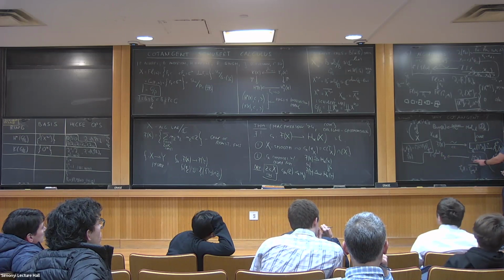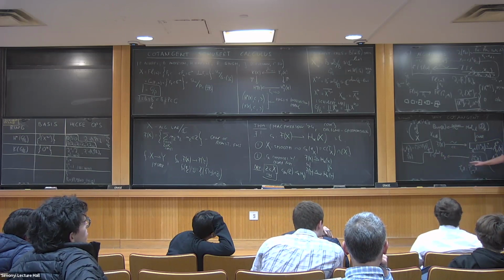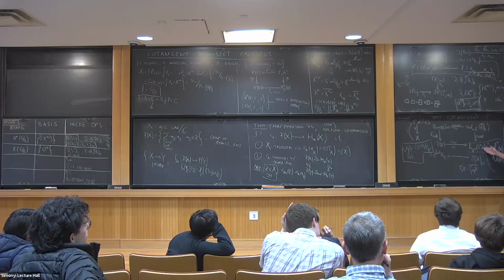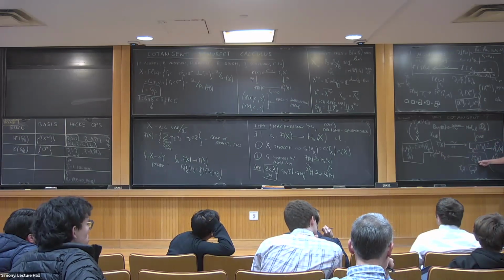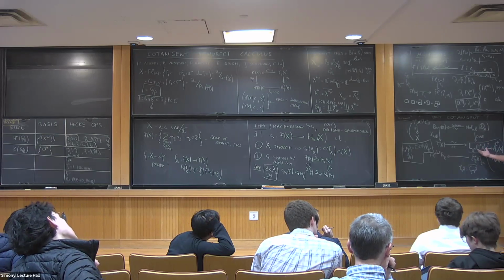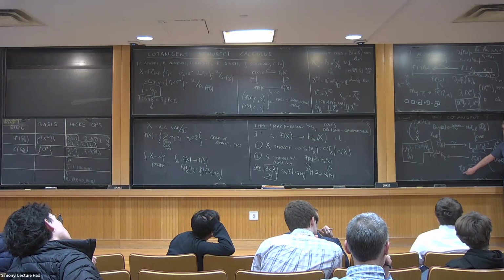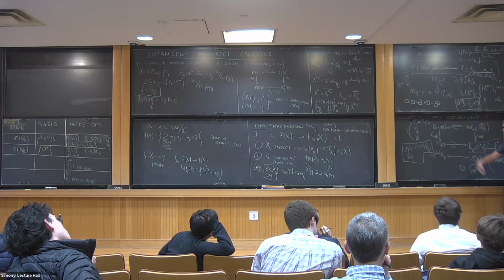These guys happen to be exactly the irreducible conormal cycles. So every element in these conic Lagrangian cycles is a combination of such things. And such a conic Lagrangian cycle is irreducible if and only if it's of this form. That's what I'm saying. And this is a theorem, Kashiwara proved it, Kennedy proved it, so there are several.